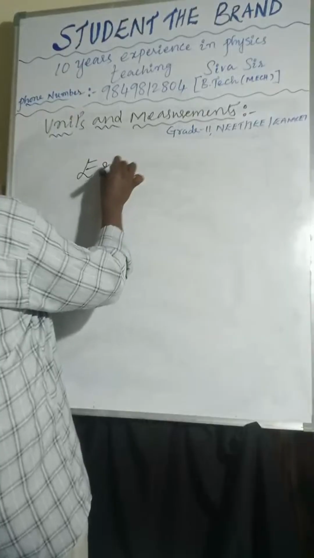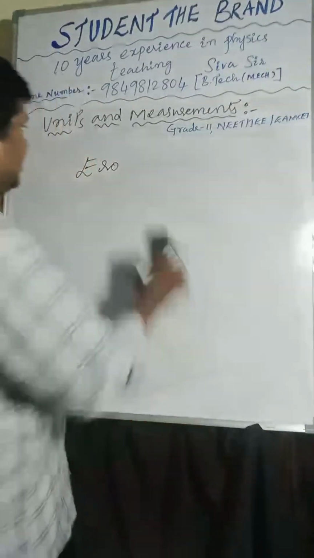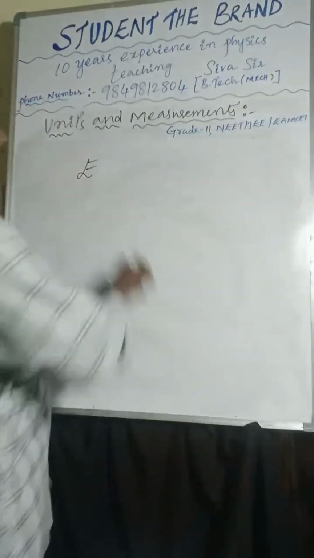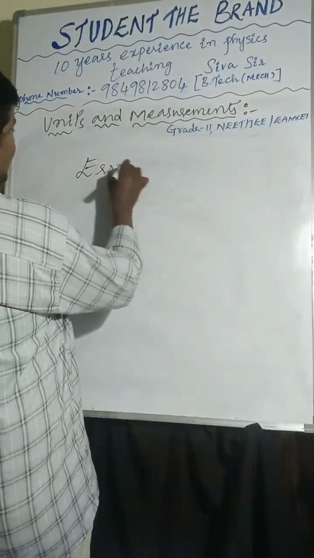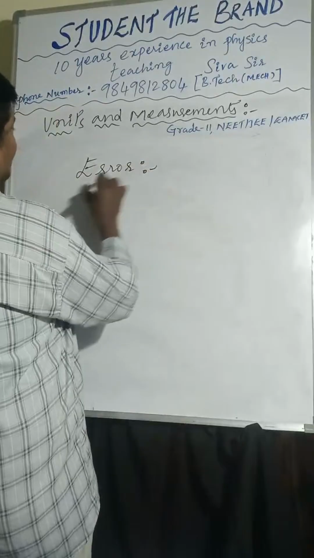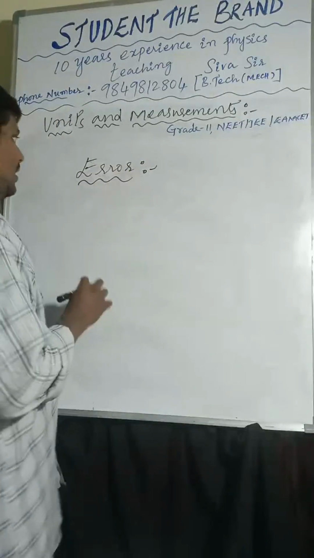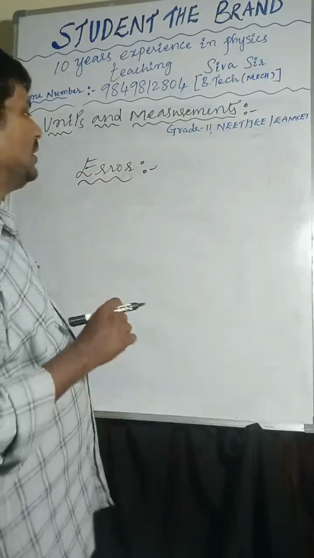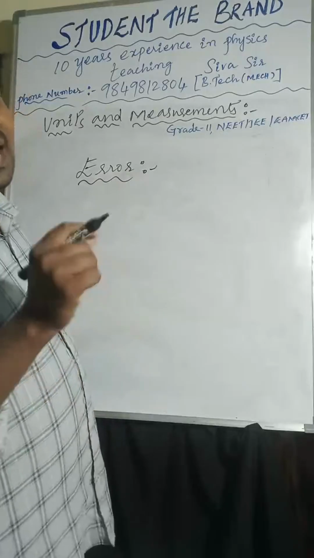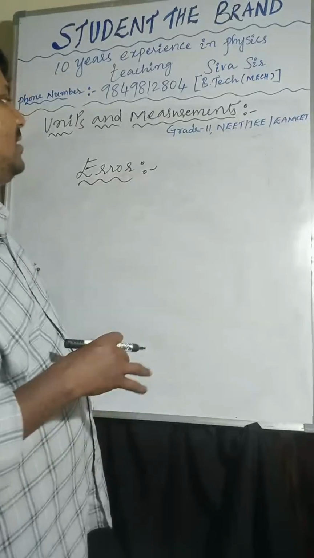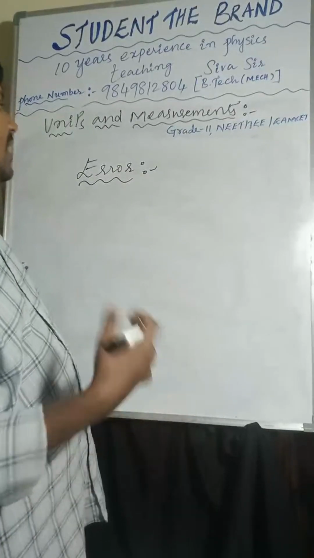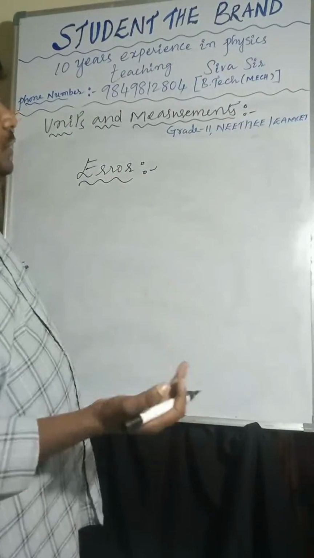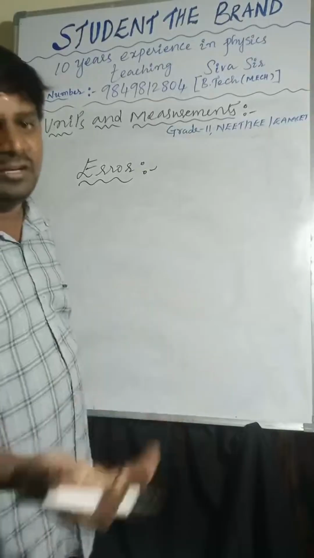So what is an error? It is the lack of accuracy in the measurement of an object due to the limit of accuracy of an instrument.